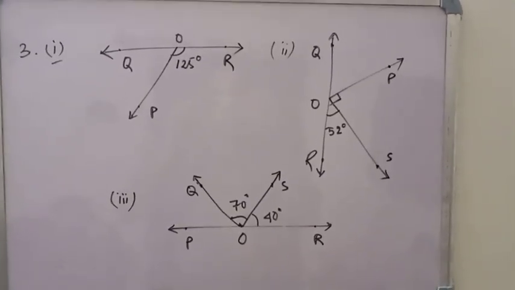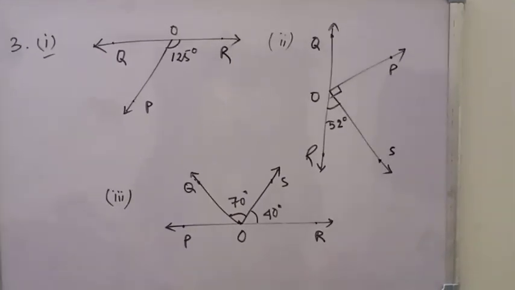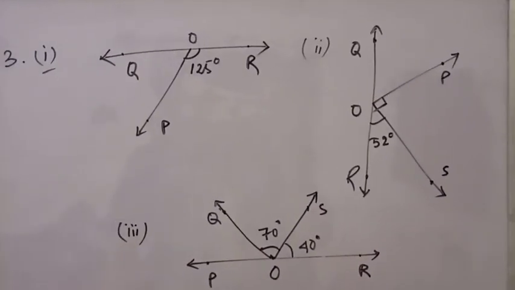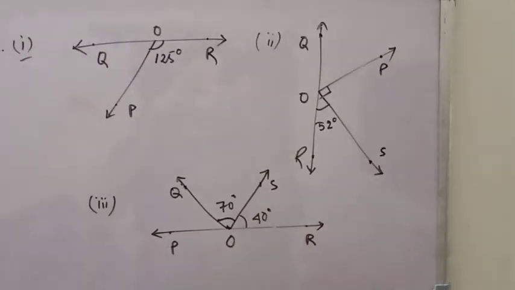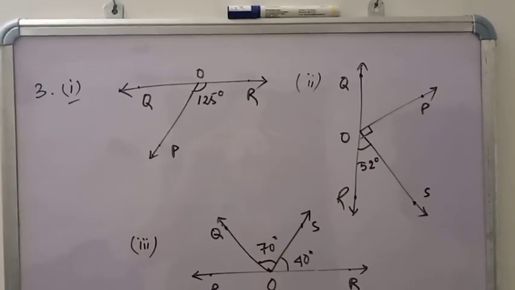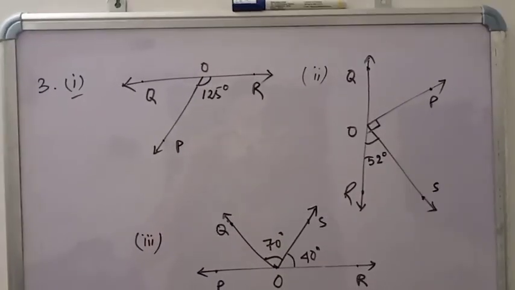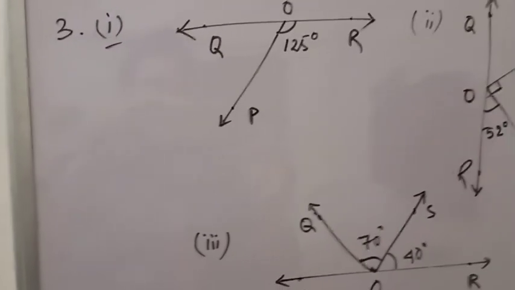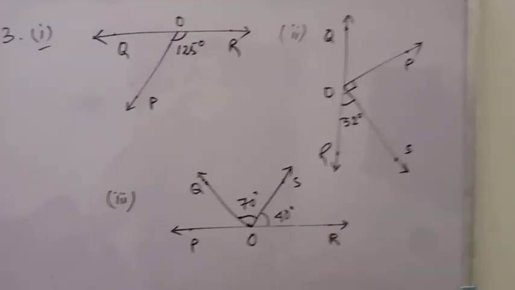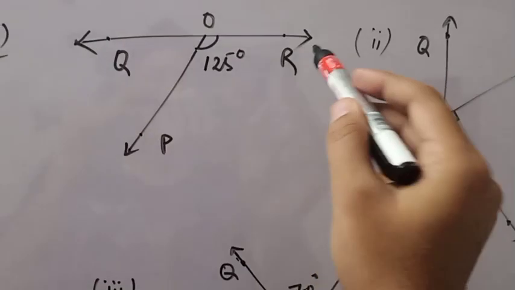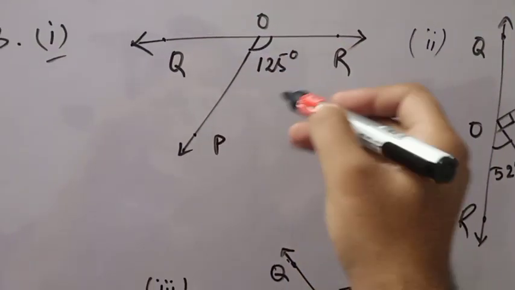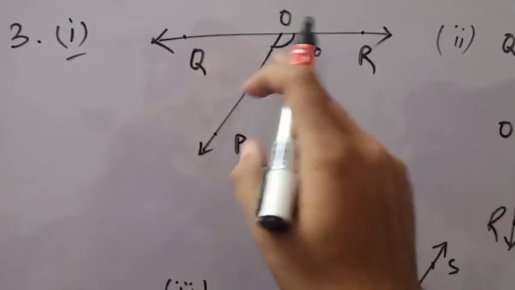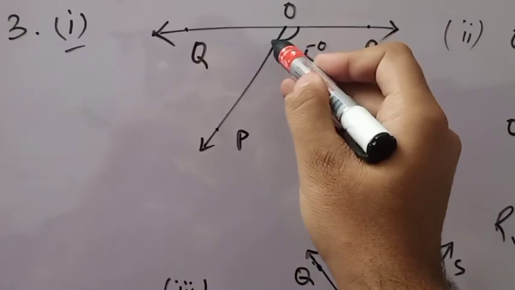Now, in next number 3, you have to find the measurement of the angle POQ in each of the following. Three figures are there, you have to find the angle measurement. So see that all are figures of the linear pair. Okay, a straight line is given and one angle is given. That means these two angles are a linear pair.